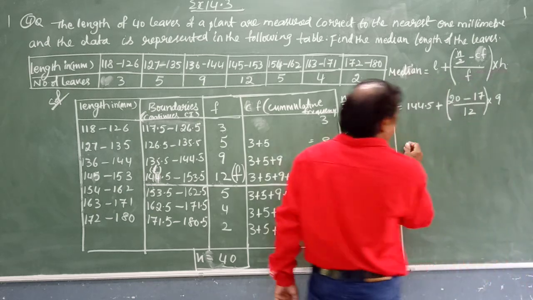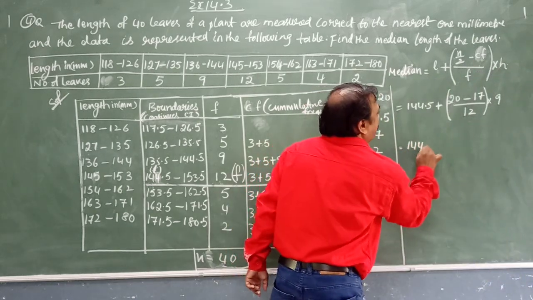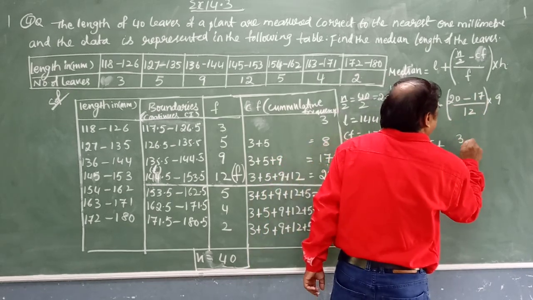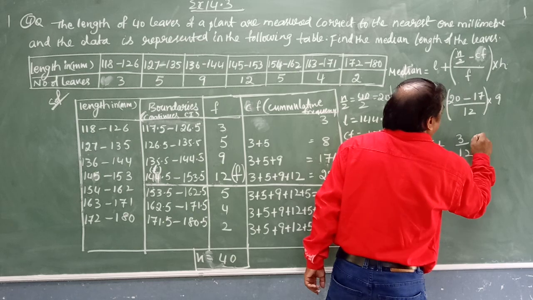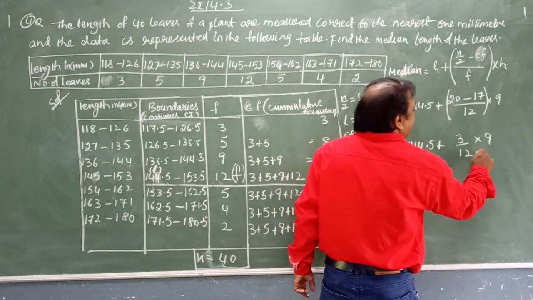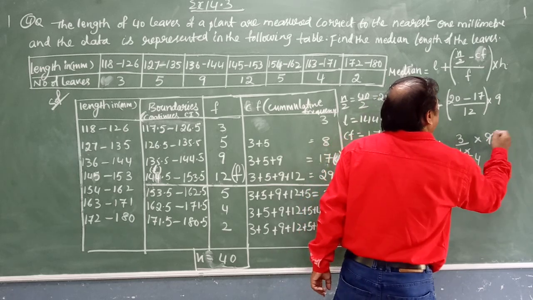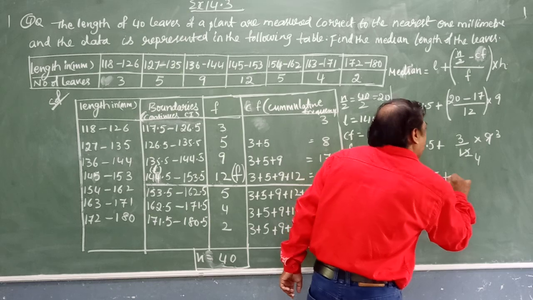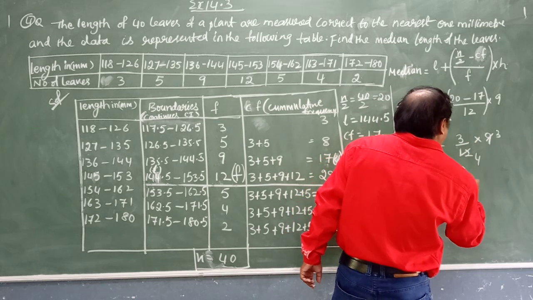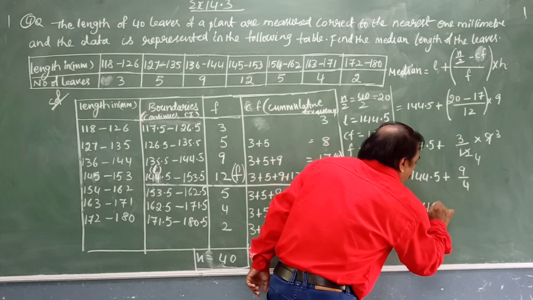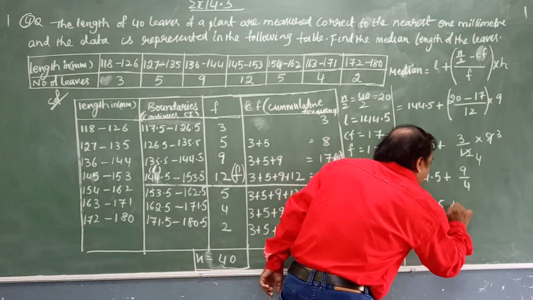Which is equal to 144.5 plus 20 minus 17 is 3, by 12, into 9. Now we can simplify this part: 3 4s are 12, 3 3s are 9, so 144.5 plus 9 by 4.